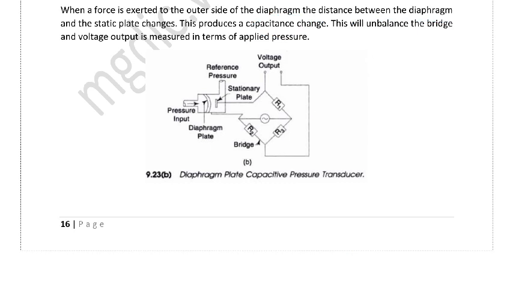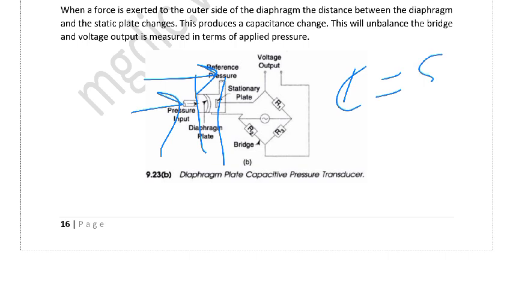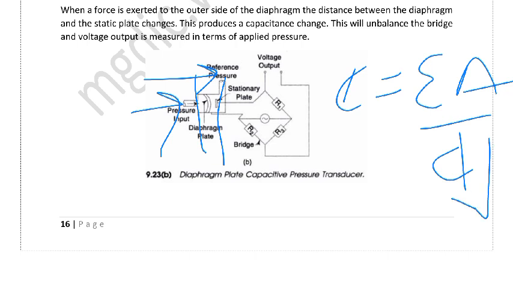It is a very simple principle. When force of pressure is applied, the diaphragm will deflect towards the static plate, and the distance between the static plate and diaphragm plate will reduce. According to C equals epsilon A by D, because D is going to reduce, the capacitance is going to increase.